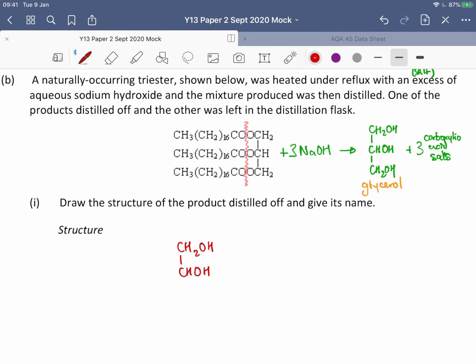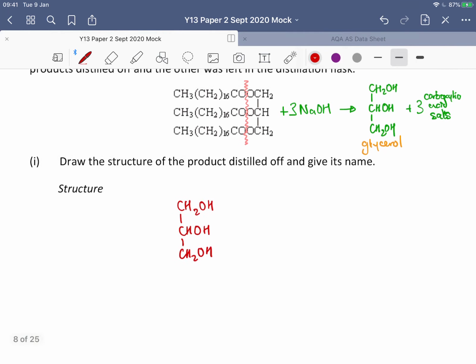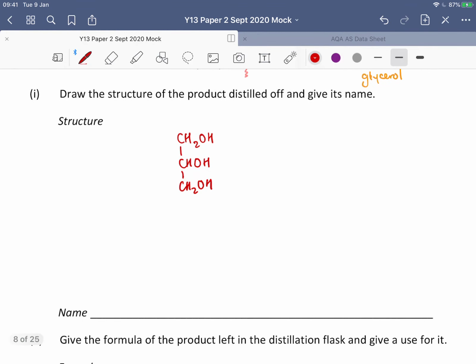You might then not feel 100% sure whether that is the thing that's distilled off, but it's always going to be smaller than the other product, a lot smaller. And so it is highly likely to be the product that would be distilled off and the other product left behind. And so we know that is called glycerol.